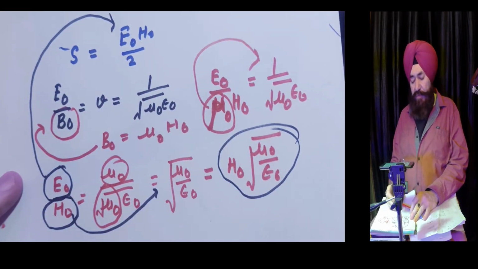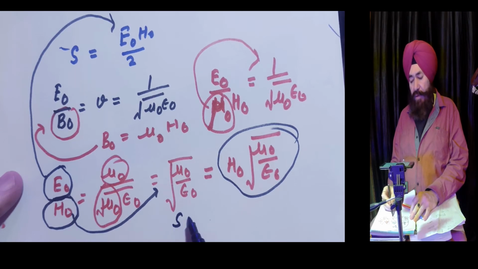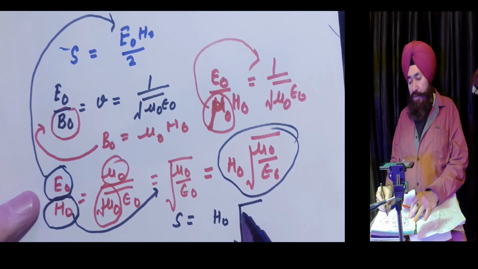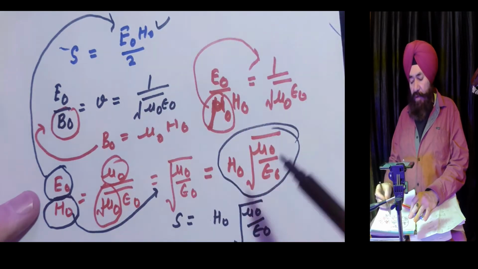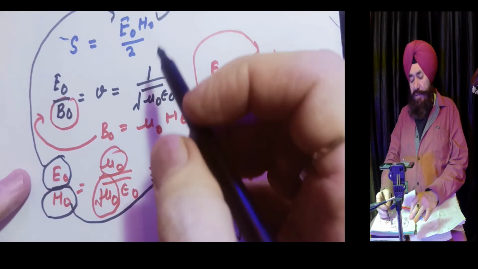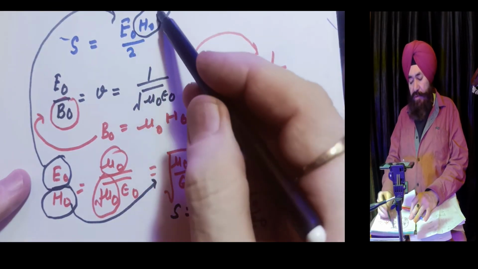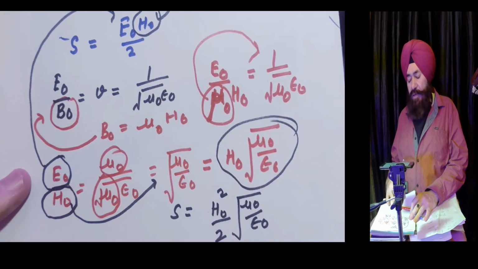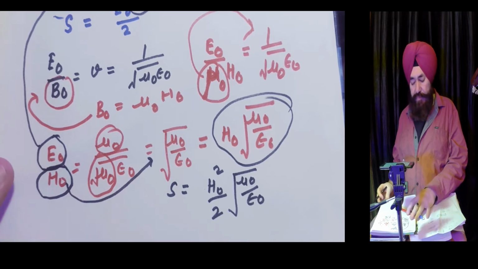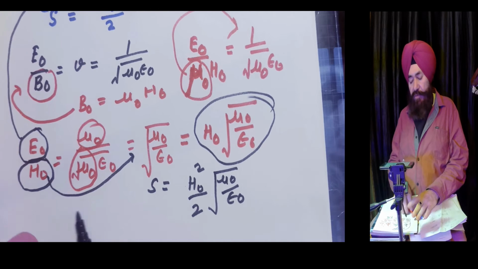So average value of the Poynting vector becomes, it is H naught under root of mu naught epsilon naught by 2, and again there is one more H naught. So this is H naught square. Okay. Now what we do?